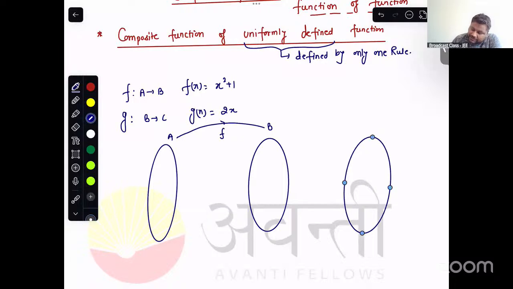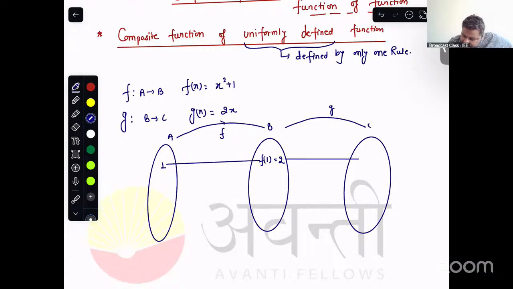Then this is set C. Then B to C function g is defined. Now say first of all, there is an element 1. In f(1), that will be 2. Now you are supplying this value 2 to g function. And in that function, what do you get? You get g(2), and g(2) will be 4.